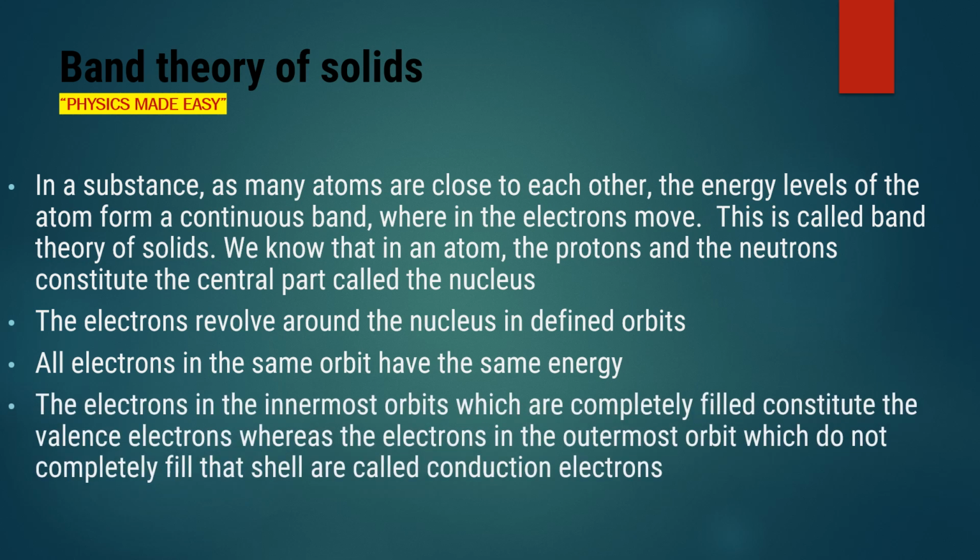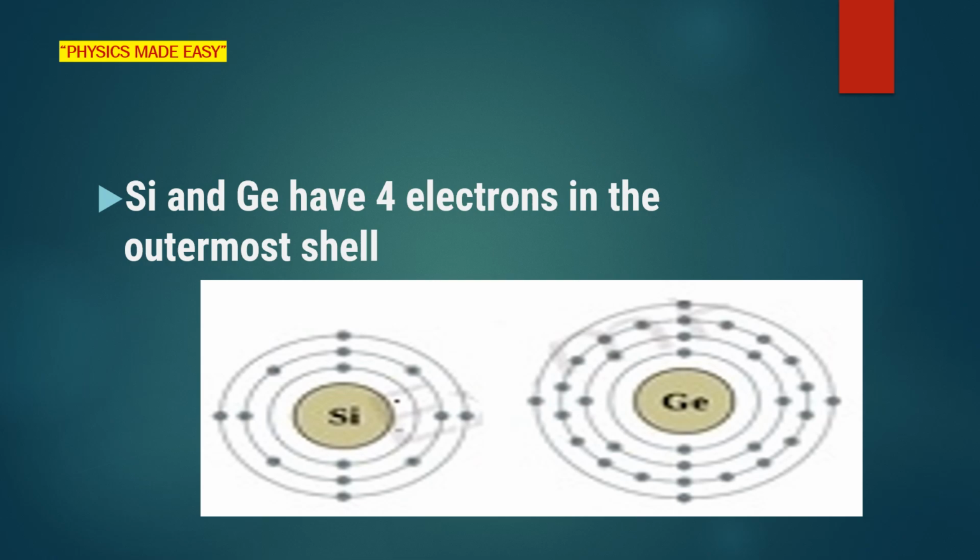The electrons in the innermost orbit, which are completely filled, have the complete valence electrons, whereas the electrons in the outermost orbit, which do not completely fill that shell, are called conduction electrons. We can consider an example of silicon and germanium, as they have 4 electrons in the outermost shell.